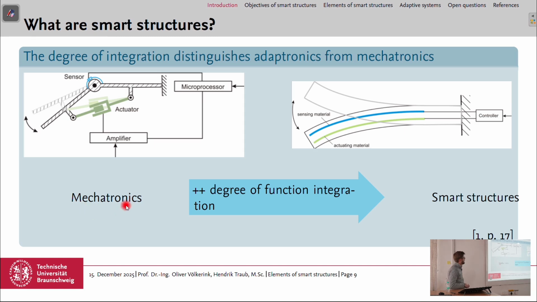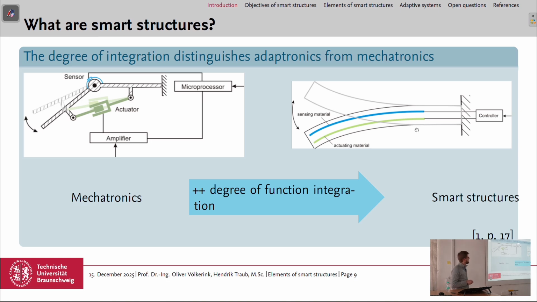In a mechatronics system, you have sensors, actuators, a microprocessor or controller, and an amplifier for power supply. In smart structures, you also have a sensing material and an actuating material, a controller and a power supply.